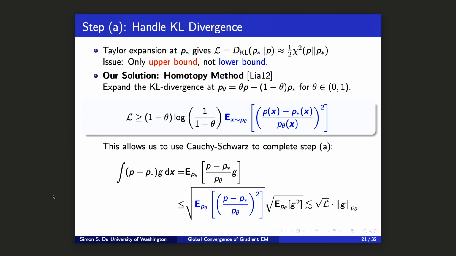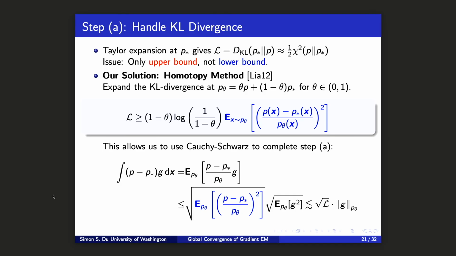So let's say we have some test function g. We divide it by p theta, and here we put the expectation over p theta. And then we use Cauchy to upper bound this term as the square root of this part and the square root of g squared under the p theta expectation.